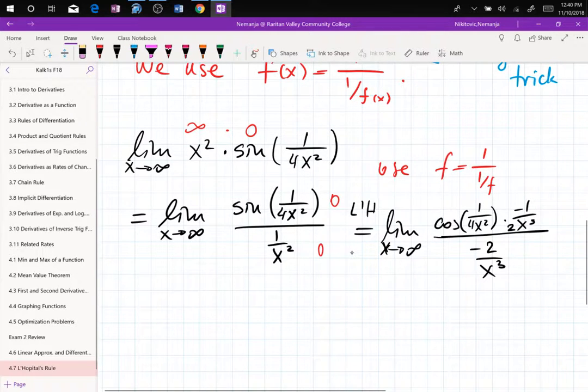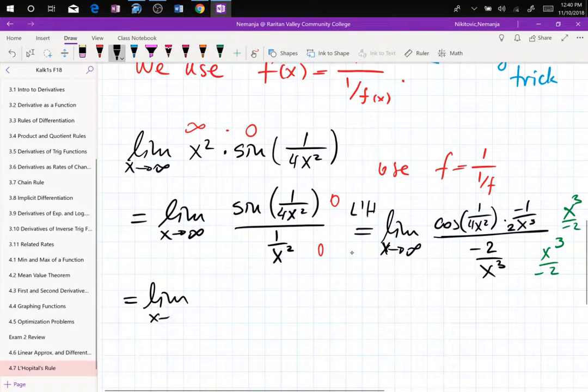What I'm going to do is multiply x cubed top and bottom. How about we make that x cubed over negative 2a, yeah? That will actually clear more stuff at the same time.